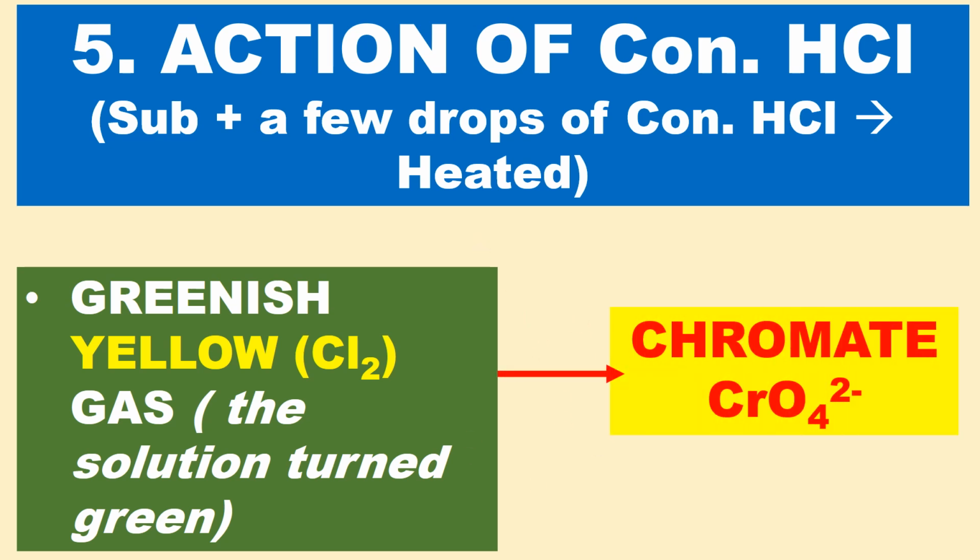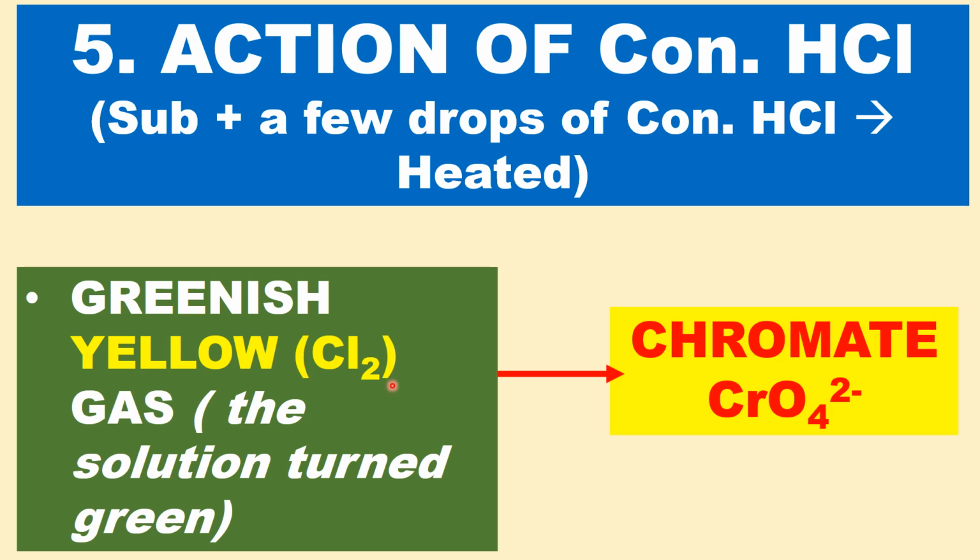Now, if chromate is present, it is intense yellow in color. It is an oxidizing agent. It oxidizes concentrated HCl, that is, it oxidizes Cl minus to chlorine.